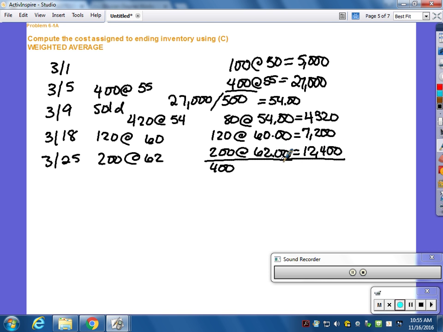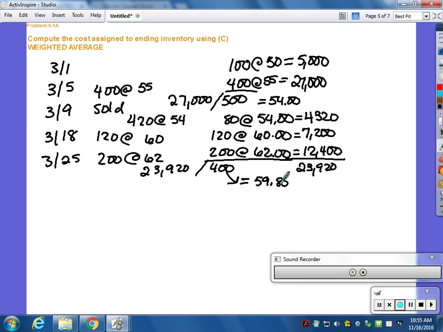For a total of what? 4,320 plus 7,200 plus 12,400 is what? 23,920. Now, if we take 23,920 and divide it by 400, we get what? What's our average unit cost now? Do you round up? Don't round up. So 59.80.